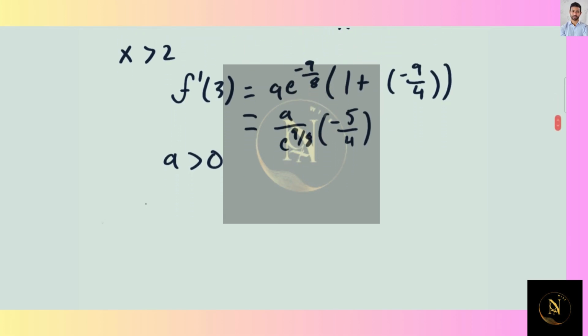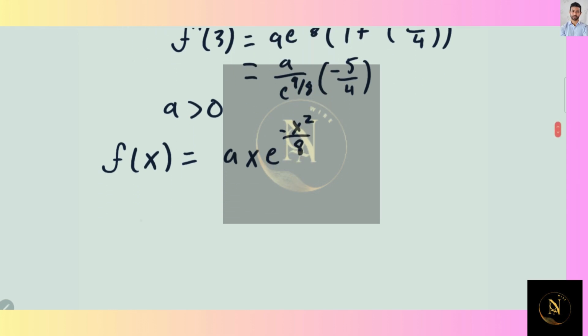Now the only thing left is to plug x = 2 into our original equation, f(x) = a x e^(-x²/8). We know f(2) has to equal 1, so 1 is equal to a times 2 times e to the negative 4 over 8, which is negative 1/2.